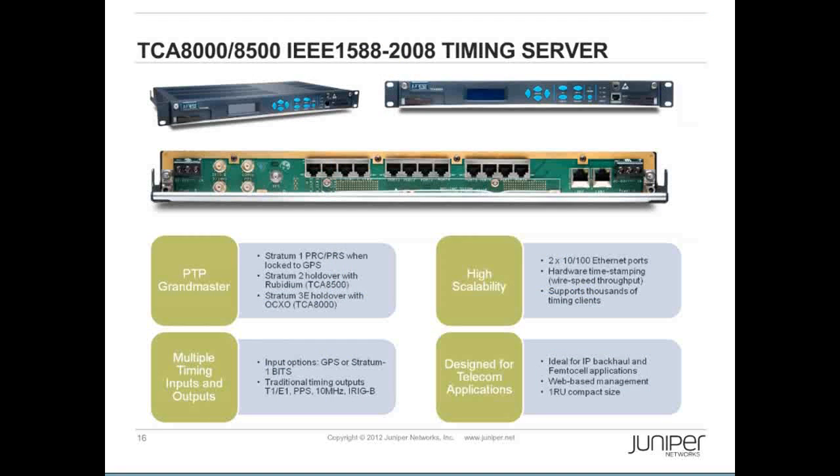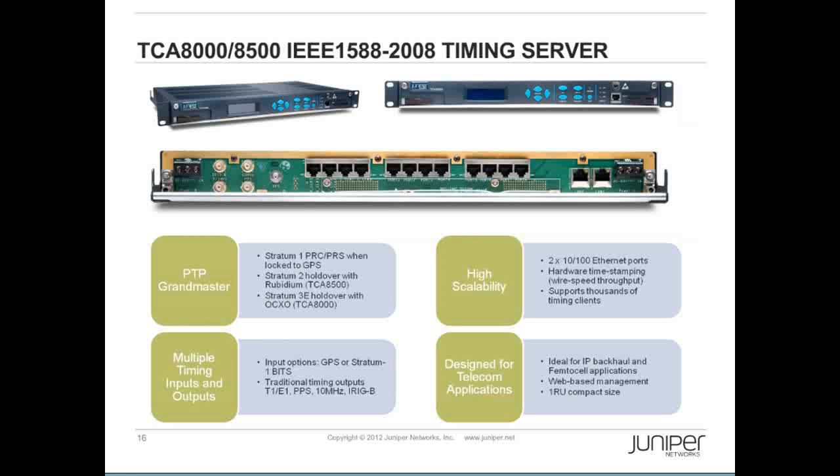The TCA Grandmaster is available in two variations, obviously 8000 and 8500. The main difference is that the 8500 has Stratum 2 holdover with rubidium, and the 8000 has Stratum 3E with OCXO. Both have GPS inputs.